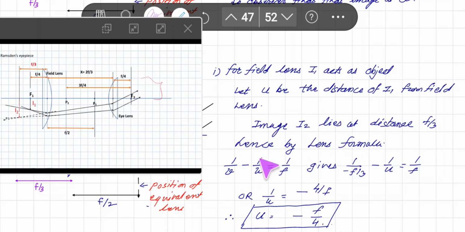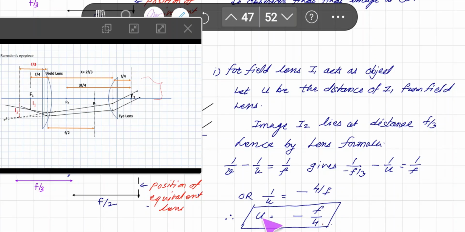But we know the lens formula, that is 1 upon v minus 1 upon u is equal to 1 upon f. By putting these values, we get 1 upon minus f by 3, because it is to the left side of the lens, minus 1 upon u is equal to 1 upon f, and finally we get 1 upon u is equal to minus 4 by f.